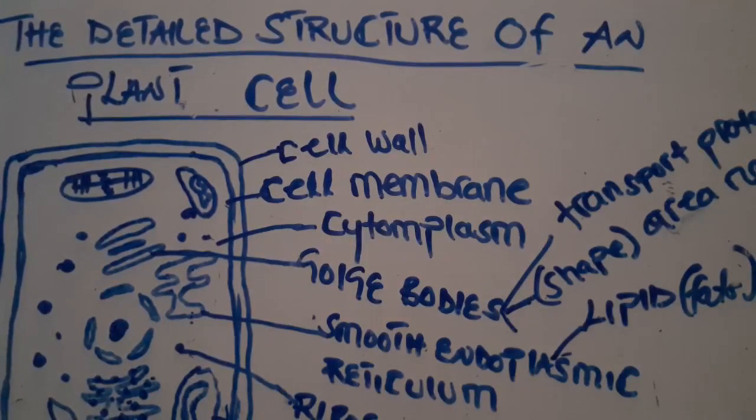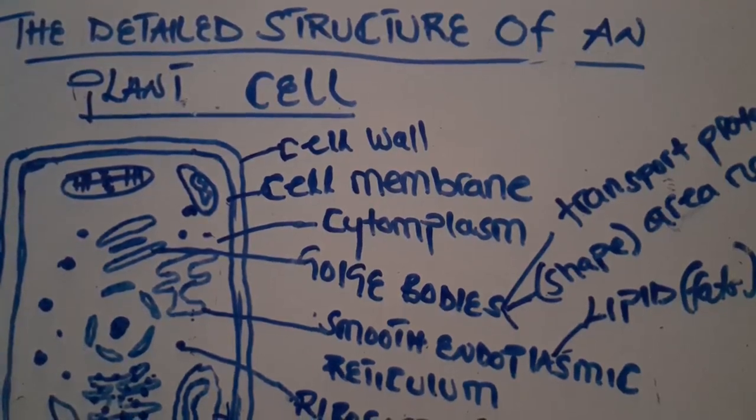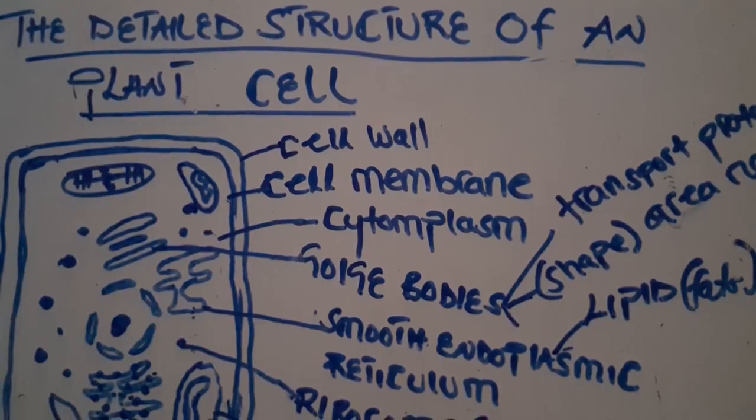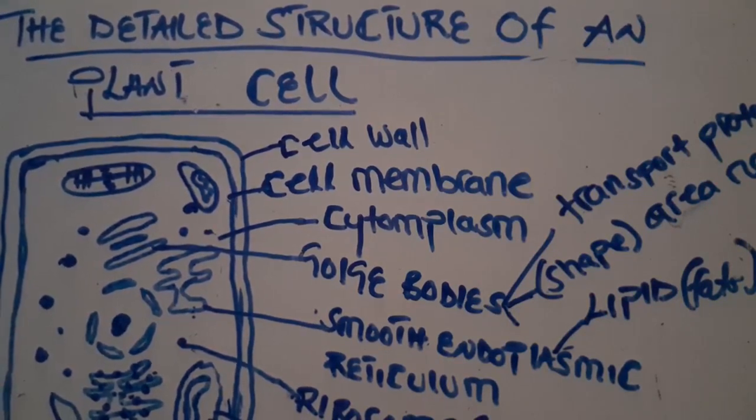The contents or the parts are just the same, apart from the cell wall, which is the outer part of the plant cell, and its function is just to protect the delicate parts of a cell.